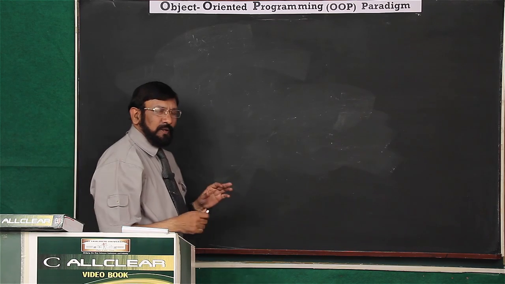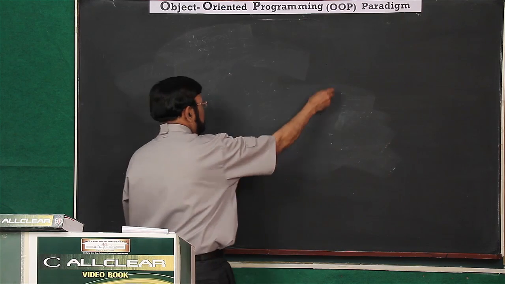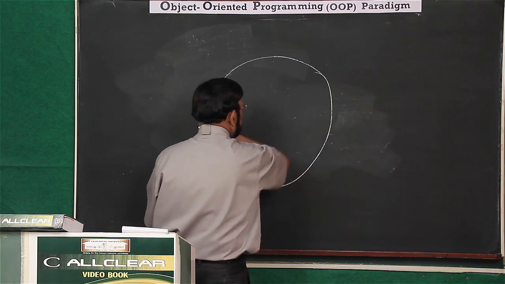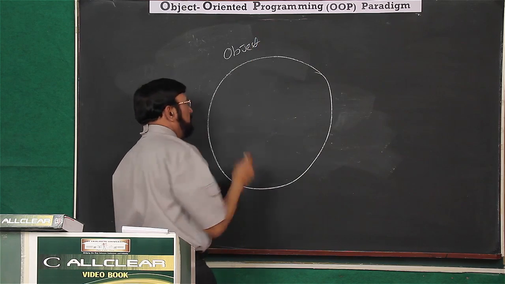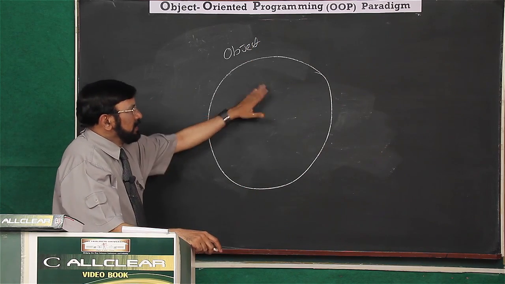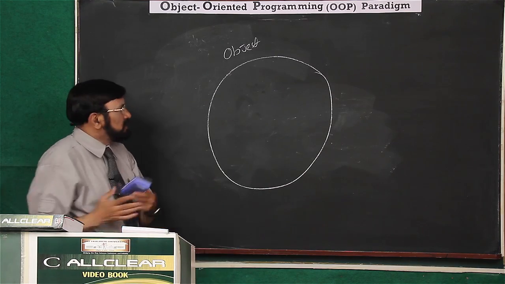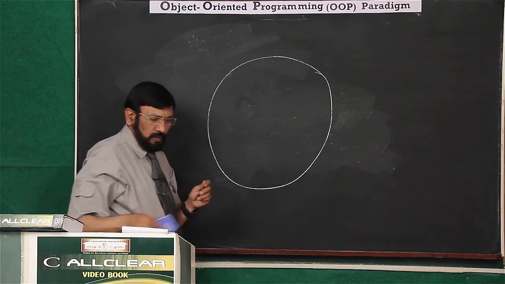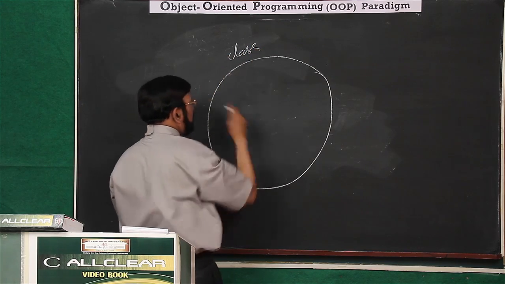Okay. Now let us see the definition of a class. Definition of an object or class. It is better because we are starting from class, so I can call it as a class.